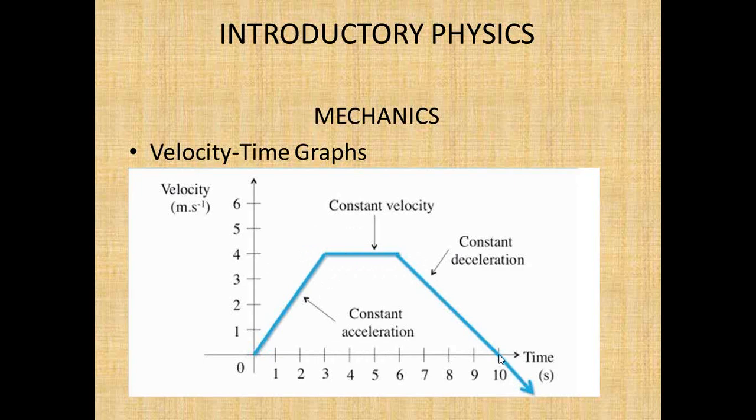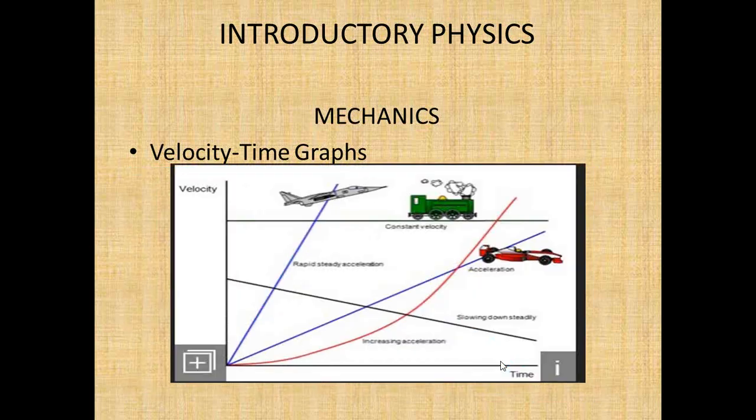So the acceleration would still be negative, but the direction of travel would change because now you're in the negative portion, the velocity is going to be negative. So instead of moving to the right, you're moving to the left. So you're moving to the left with a negative acceleration.